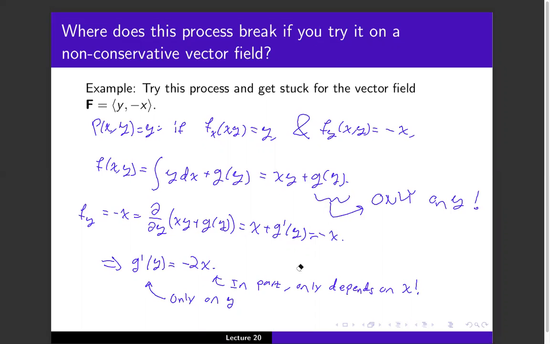Actually, hold on, I sort of said two different things at once. Let me try that again. In part, this object depends on x. And that's not good. So that's not going to work for us. So that's the contradiction.